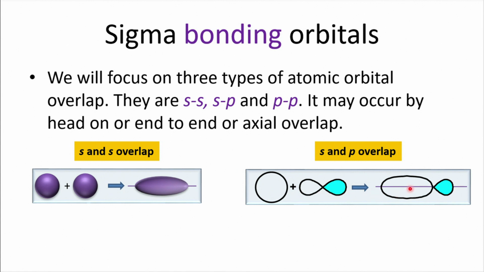Since the other P orbitals, Px and Py, are perpendicular to this Pz orbital, there will be no interaction between the Px and Py orbitals and this S orbital. In other words, those Px and Py orbitals will remain as non-bonding orbitals. When we study the HF molecule, we will study this a little bit in detail.